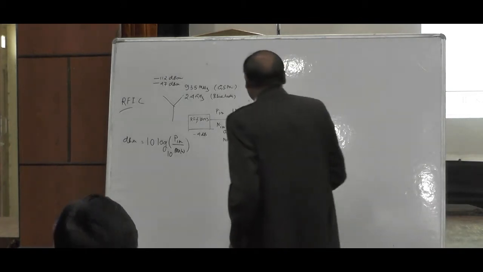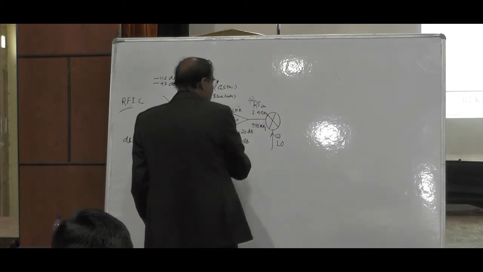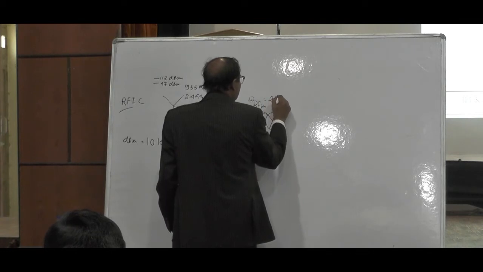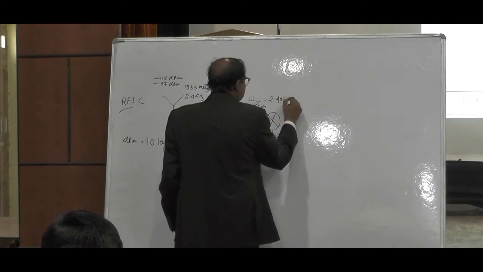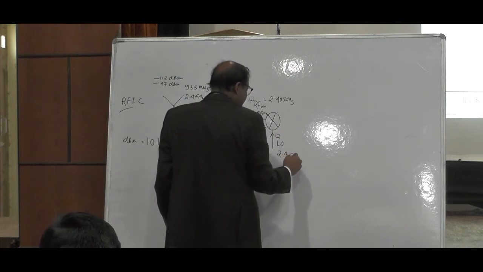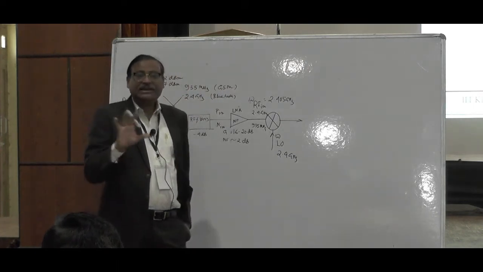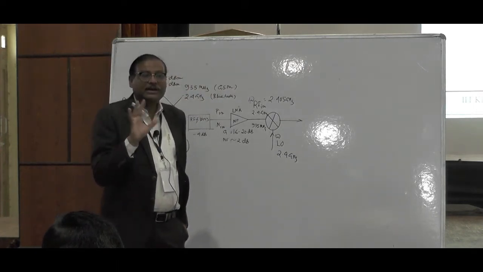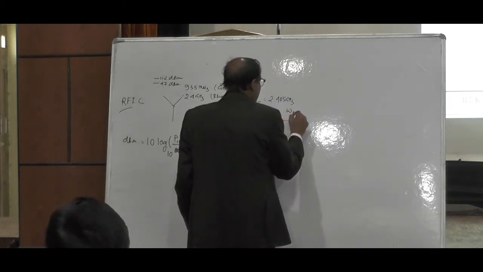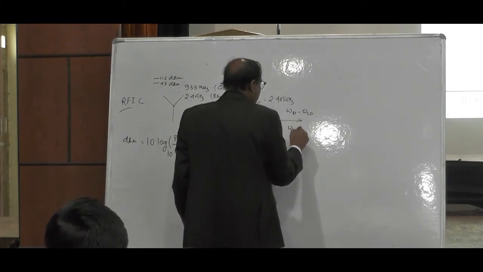In this case, when you multiply omega LO and omega RF, what is that frequency? Say this omega RF is 2.405 gigahertz, and my local oscillator frequency is 2.4 gigahertz. Then at the output I will get two frequencies: omega RF minus omega LO, or omega RF plus omega LO.